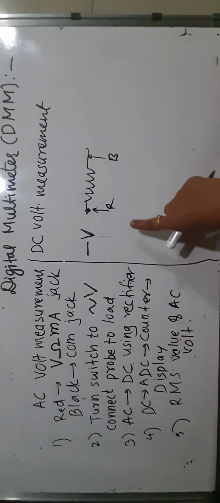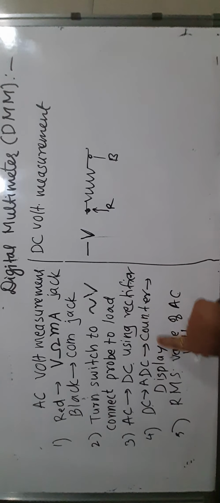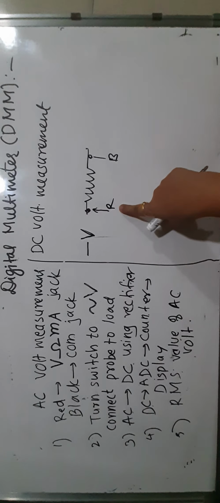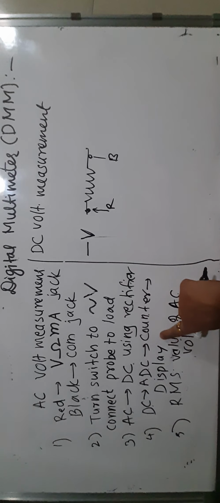Now the unknown DC voltage is directly applied to the ADC, counter and display. Here there is no need of a rectifier because the voltage is already in DC form. So directly the DC voltage is applied to the ADC, counter and then display.